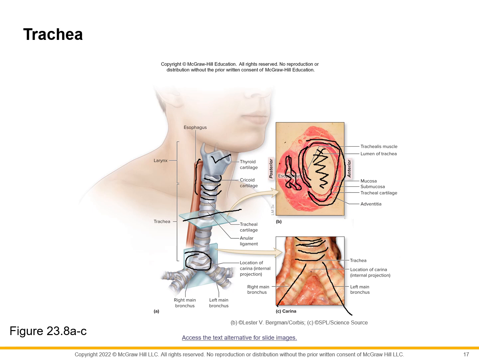Now this region where it actually splits, the point of bifurcation, is called carina with a C. This is your right main bronchus or right primary bronchus. This is your left main bronchus.